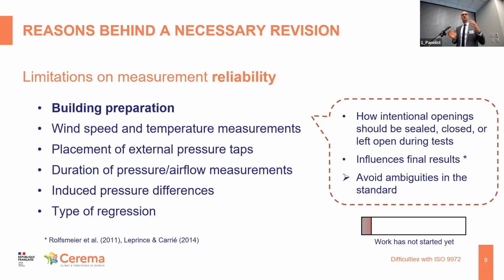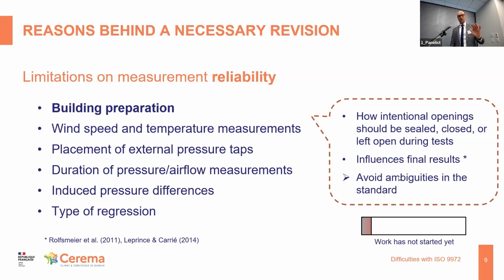However, if this is not precisely described, this can introduce some differences in the final results, can depend on the conducting technician, and reduce the reliability of the results. So we would like to avoid these ambiguities in the standard.